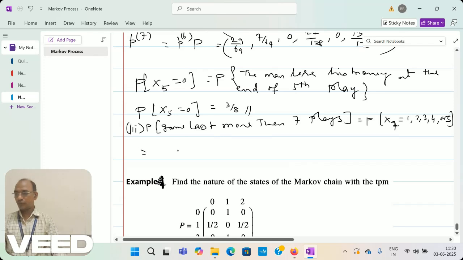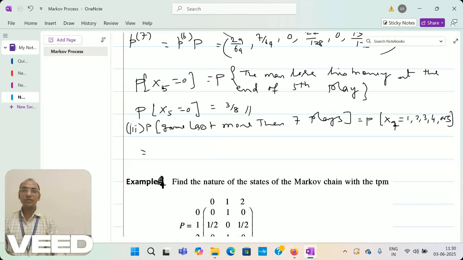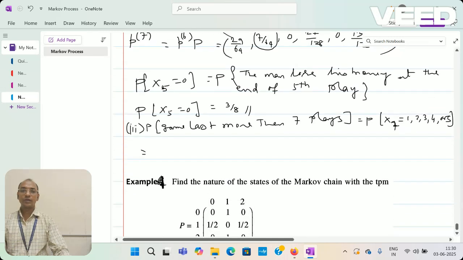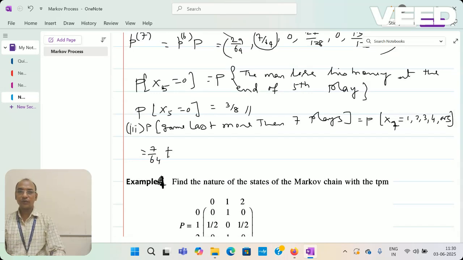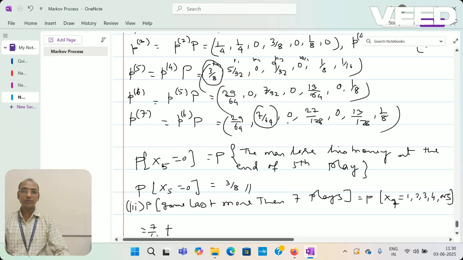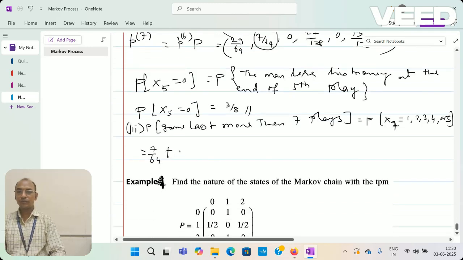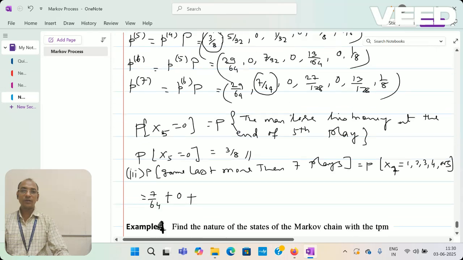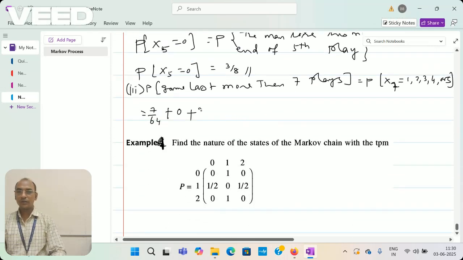Because of this, what will be the probability? This will be nothing but x7 equal to 1. x7 means after 7 steps; x7 equal to 1 means p1, that will be 7 by 64 here. So I will have 7 by 64, plus 2 means I will have 0. Plus 3 means I will have 27 by 128.